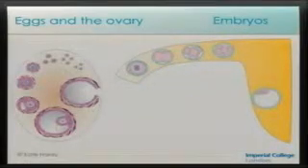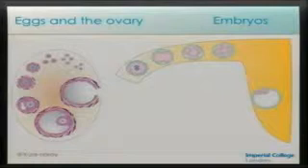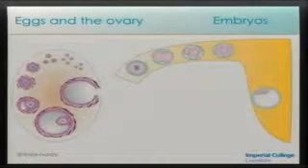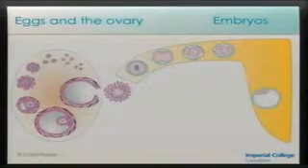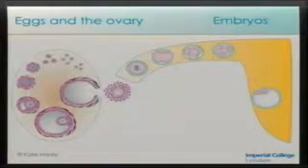So here we have a cartoon of the ovary containing eggs surrounded by somatic or nurse cells which develop and progress towards ovulation to produce that key cell in the body, the mature oocyte.